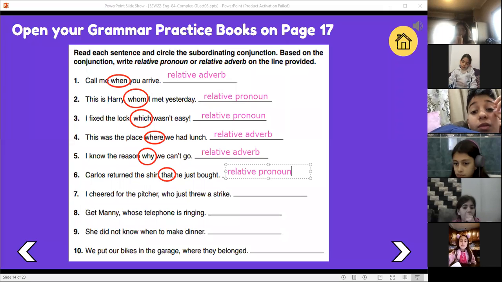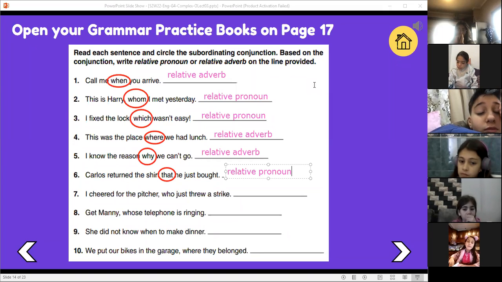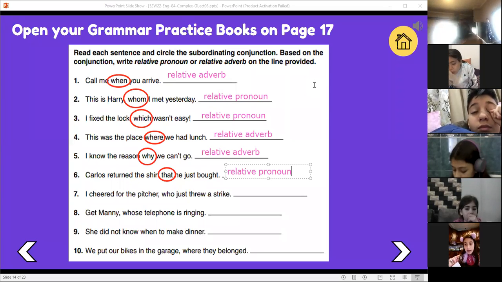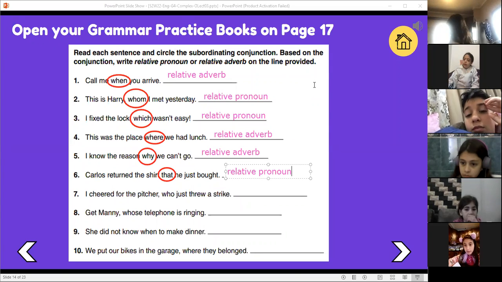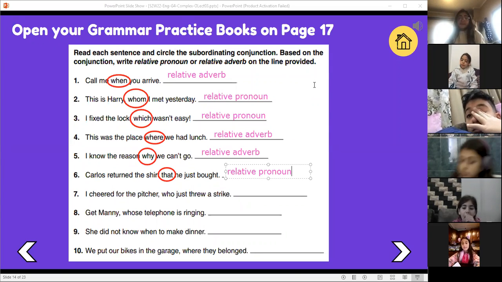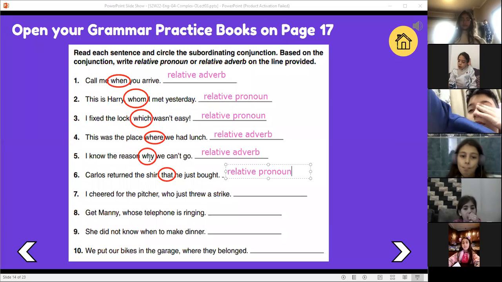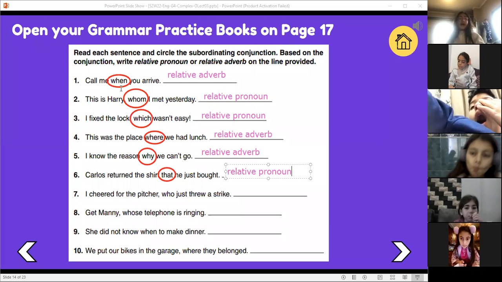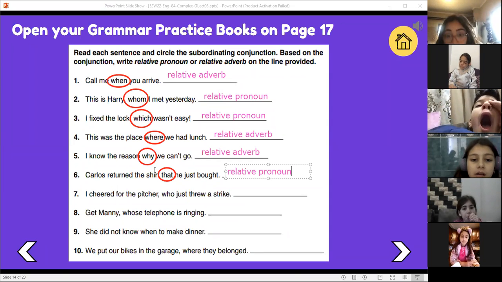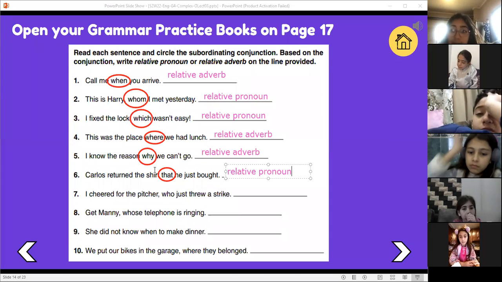Miss, I have a question. When do we put the relative adverb and the relative pronoun? You have to memorize them. So now when you have when and where and why, these are relative adverbs. If you have whom, which, that, these are relative pronouns.